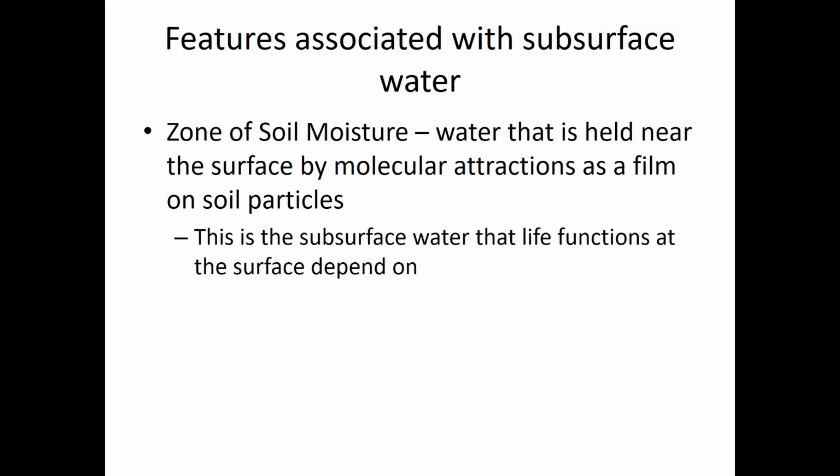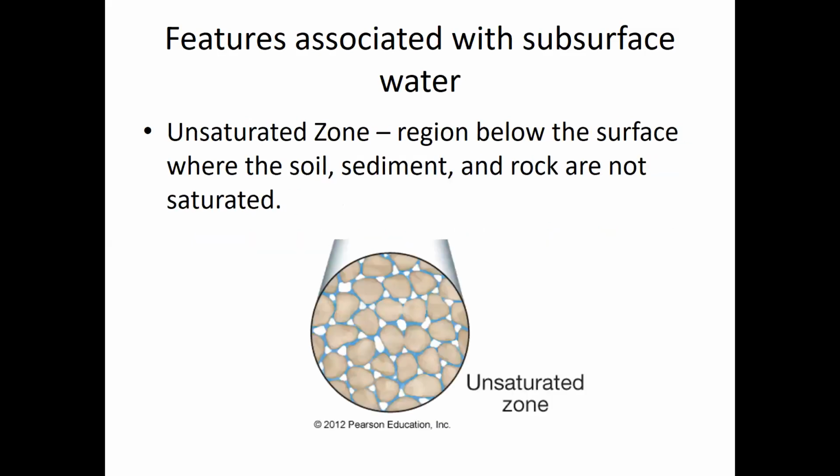This is the water that the root systems of vegetation take advantage of, the water that subterranean animals, worms, and so forth depend upon. So if you ever take a spade and dig into the subsurface and turn over some soil, and you feel that dampness, that is the zone of soil moisture.